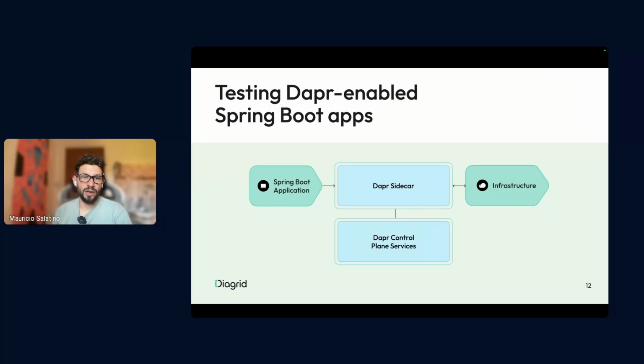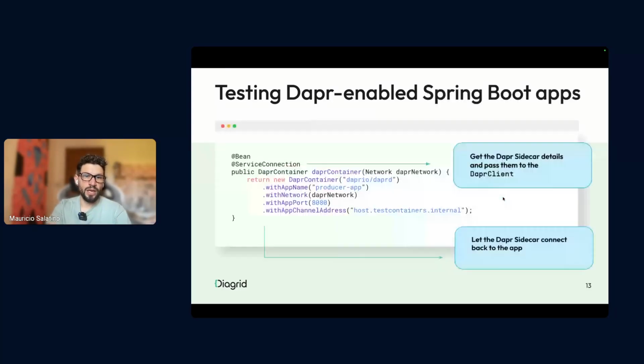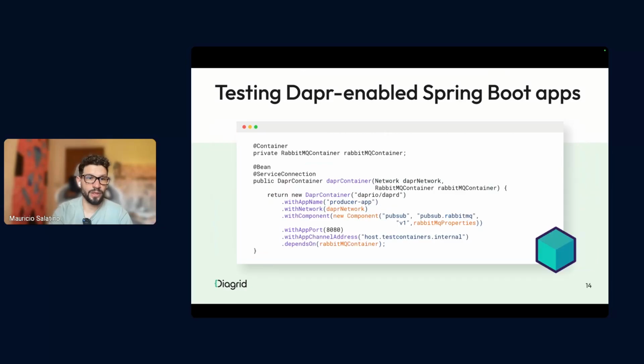And in this case, what we're showing is that you can configure Dapr to connect to whatever infrastructure is available, right? So you start your Spring Boot application, Dapr gets configured, and it automatically binds or connects to infrastructure that you provide to your application. And again, we are using normal Spring Boot and the Testcontainers approach to configure Dapr to work correctly for your application, including all the configuration required for workflows to be able to run at scale.